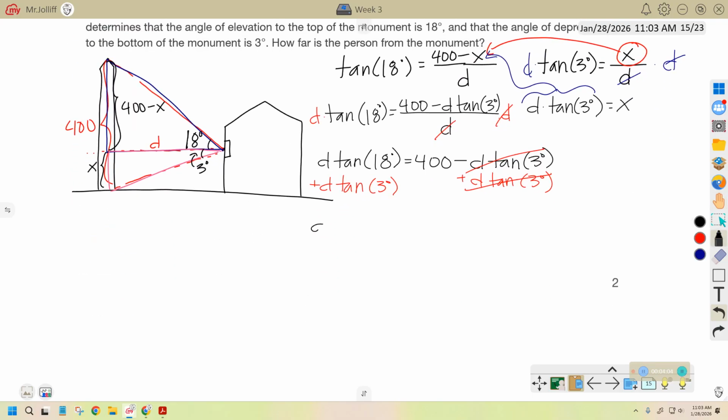So we get d tan 18 plus d tan 3 equals 400.